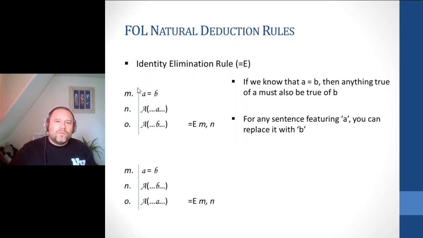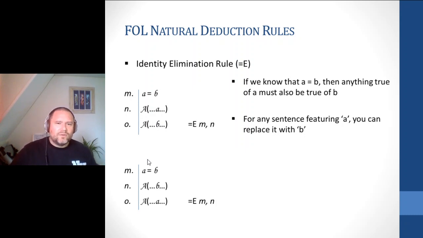So for example, if you know that A is B, you've got that somewhere on your proof line, and you have a sentence featuring A, you can use identity elimination, citing the identity and the relevant line, to then replace the occurrence of A with B. And the same way around.